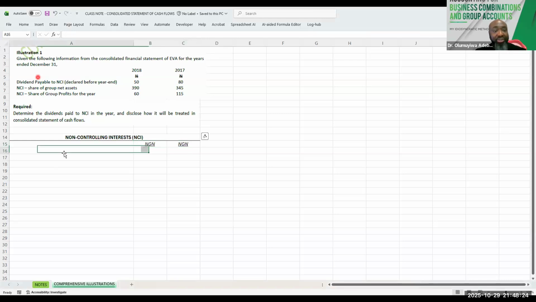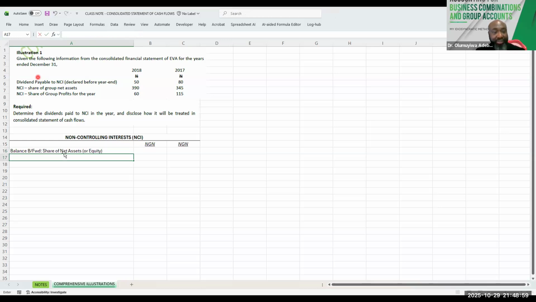Now, given this information, I start with my balance brought forward. And there are two balances. The first one is the balance based on the share of net assets, which is the same thing as the equity balance of NCI.